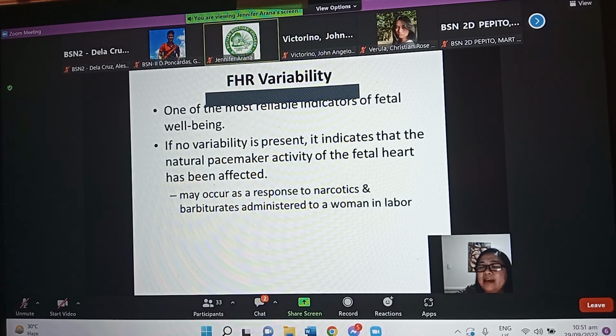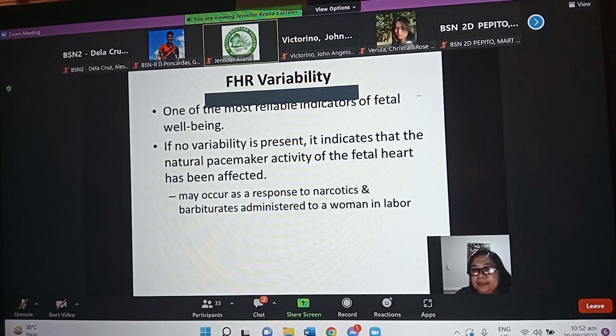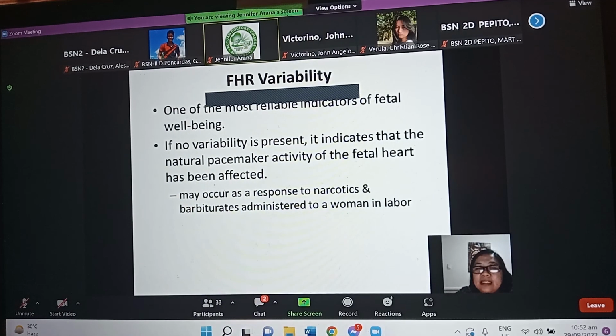Okay, what is FHR variability or fetal heart rate variability? This is one of the most reliable indicators of fetal well-being. If no variability is present, it indicates that the natural pacemaker activity of the fetal heart has been affected.